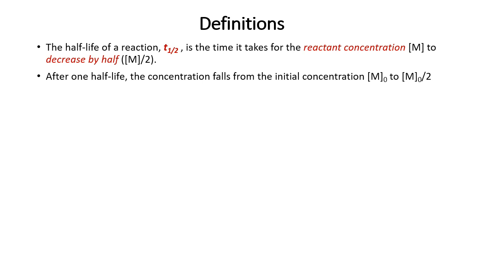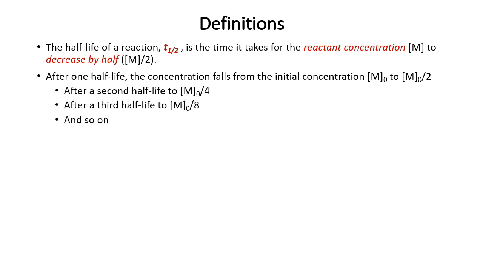After one half-life, the concentration falls from the initial concentration m0 to m0 divided by 2. After a second half-life, it will decrease to m0 divided by 4. After a third half-life, it will decrease to m0 divided by 8, and so on.